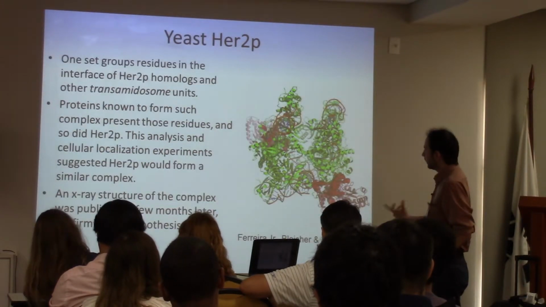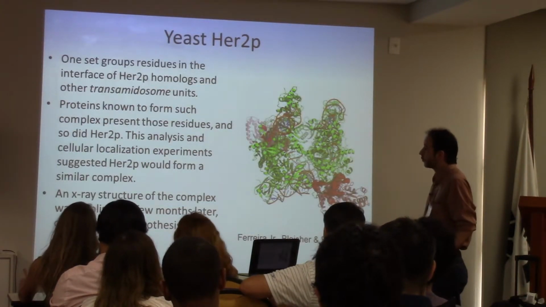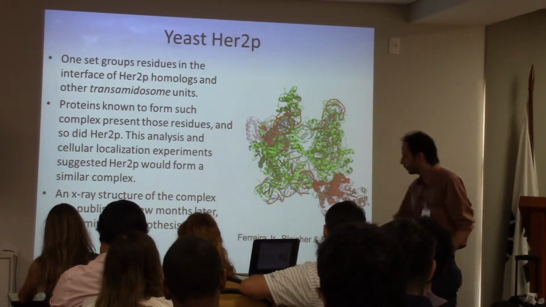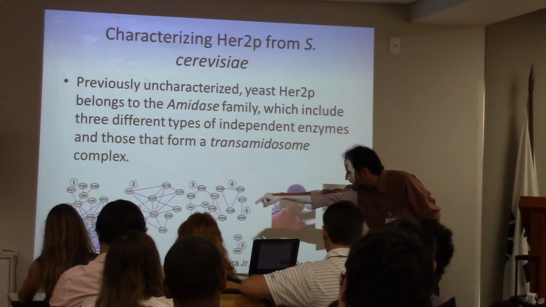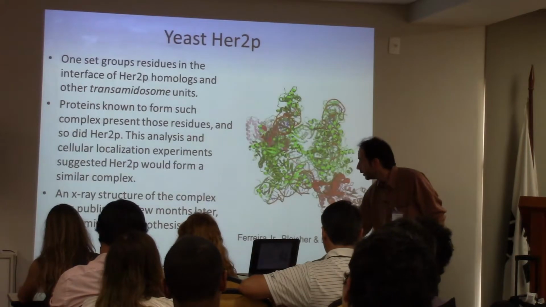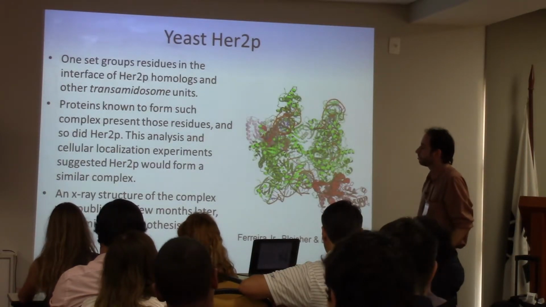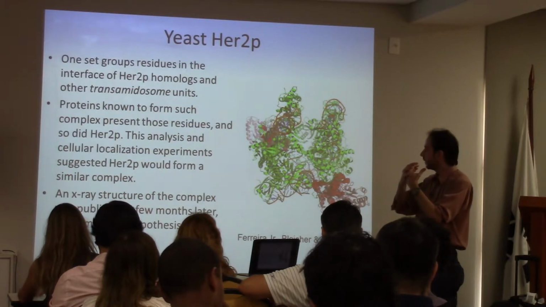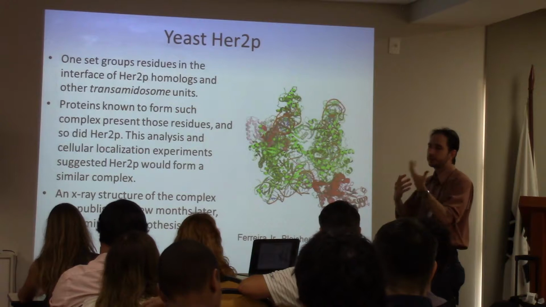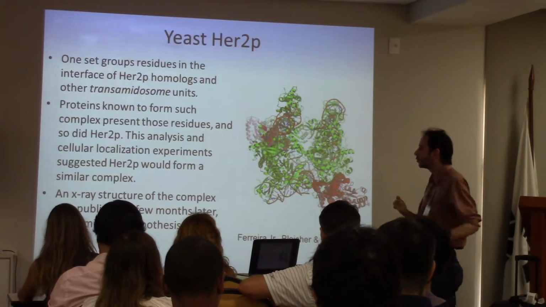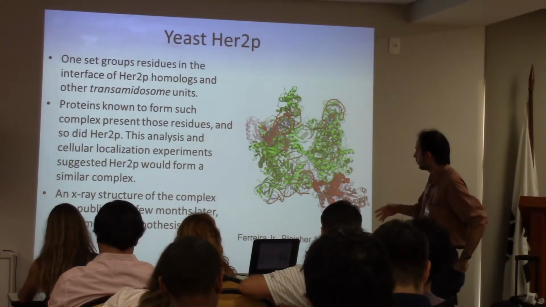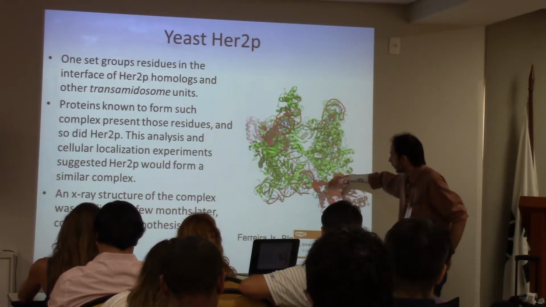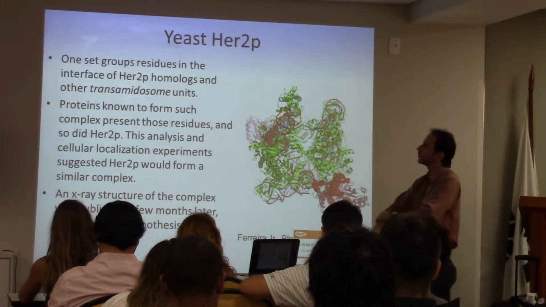Since they were studying this specific protein in yeast, what we found is that one of the residues, the most interconnected one on the left, when we looked at it in the structure, we saw all those residues were on the same side. When we compared this with already known structures from the transamidosome, we found they were exactly on the interface which would connect the protein with the rest of the complex.